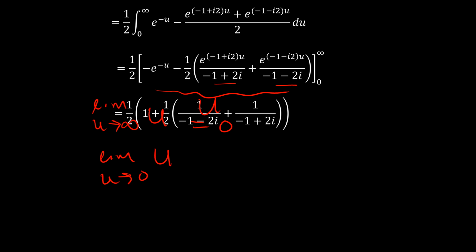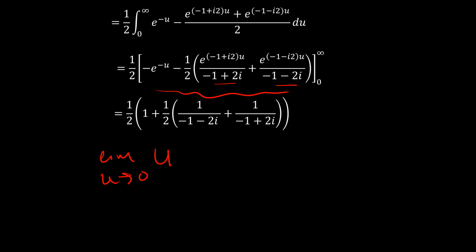Let me just delete this so that we can see what we're doing here. So we have a half, 1 plus 1 over 2 times 1 over negative 1 minus 2i plus 1 over negative 1 plus 2i, right?